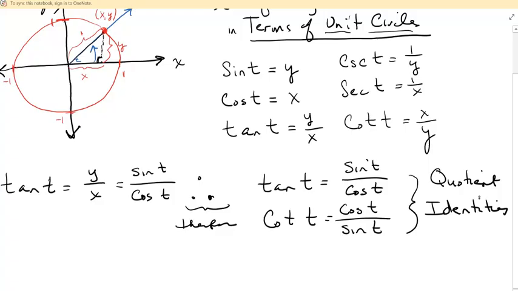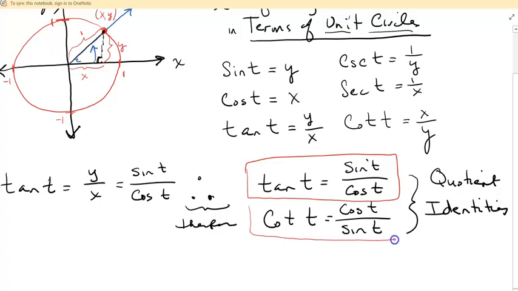These two will come in handy throughout this course, throughout many of the courses you're going to take in mathematics, especially in calculus. So you're going to want to memorize these. So far you know your reciprocal identities, the relationship between sine and cosecant, cosine and secant, and tan and cotan. Those, of course, are called your reciprocal identities. Now you know your quotient identities.